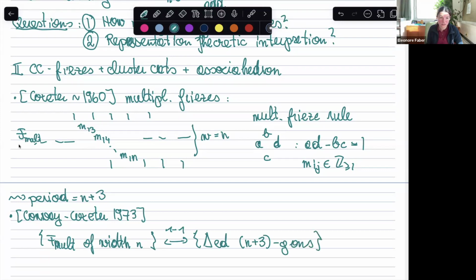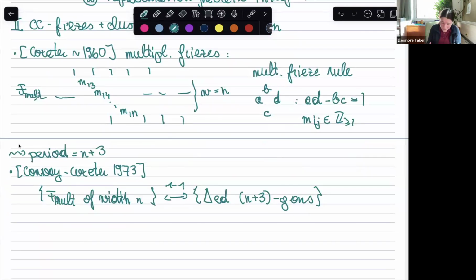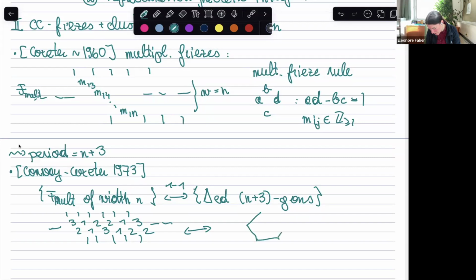I'm not sure how familiar you are with this, but this goes via the quiddity sequence. For example, if you have a frieze of width 2, with 1, 1, 2, 2, then I can associate a triangulated polygon to it. My polygon should have n plus 3 vertices, so 5 vertices.